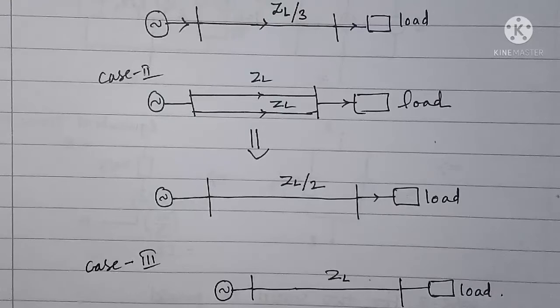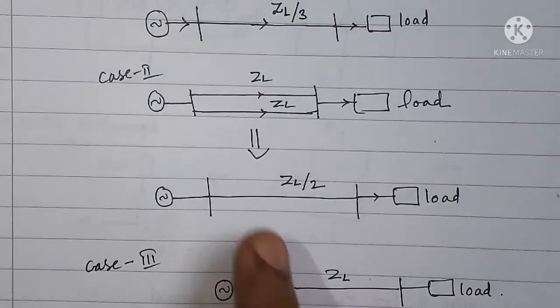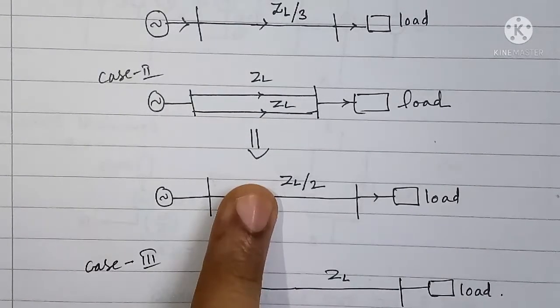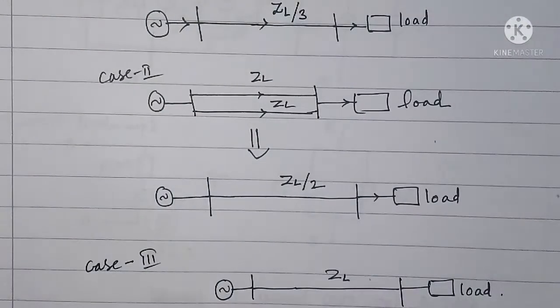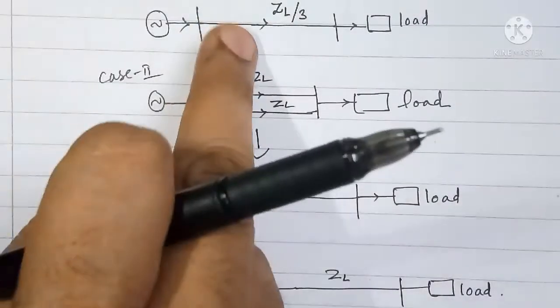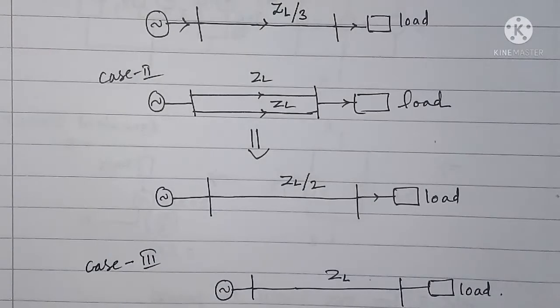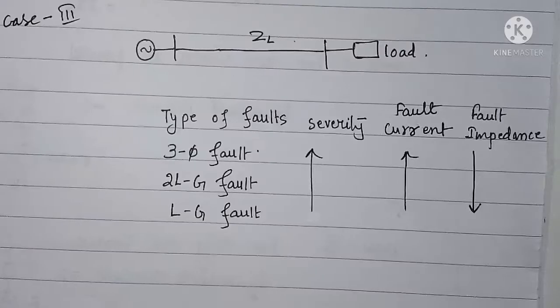That is, as the number of transmission lines between two buses goes on increasing, the effective impedance of the transmission lines goes on decreasing. It is ZL here, ZL by 2 here, and it is ZL by 3 here for 3 transmission lines.